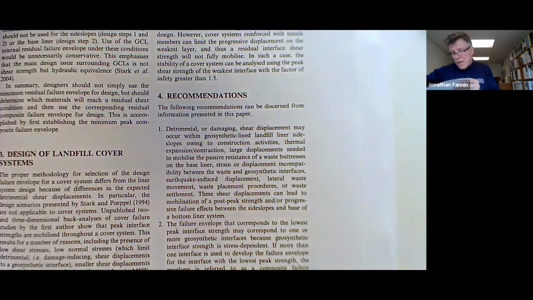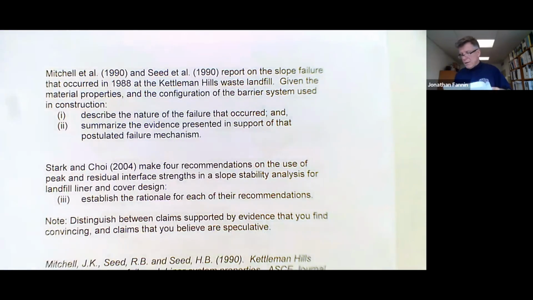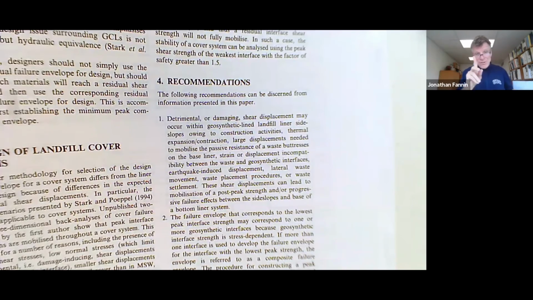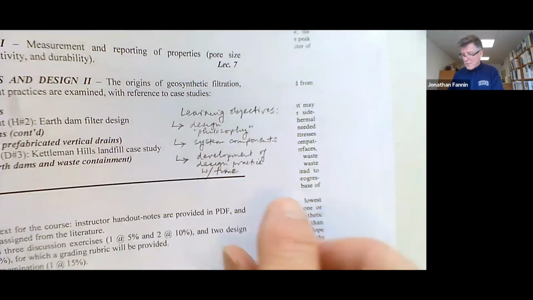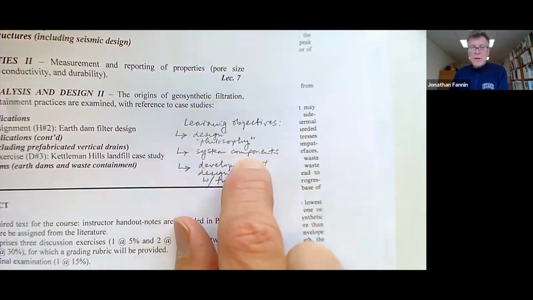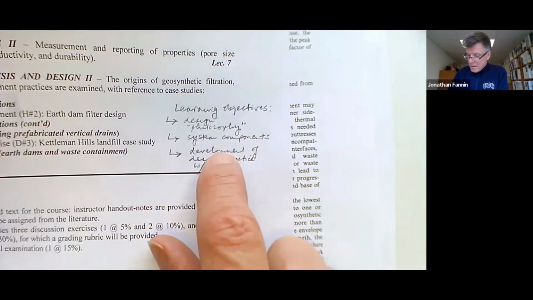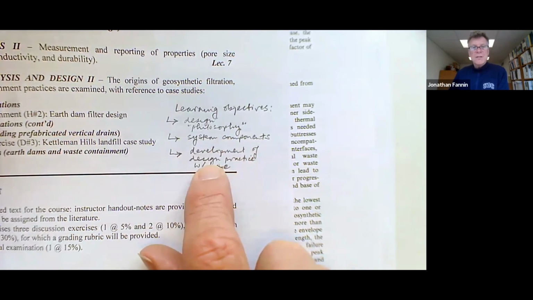And to do that, and the learning objective here does tie back, let me return to my learning objectives of philosophy. And now we're going to look at components. We're going to look at the components that relate to interface shear strength. And then developments of design practice with time. How do those developments take place?